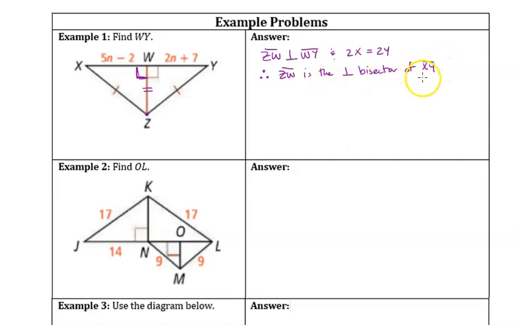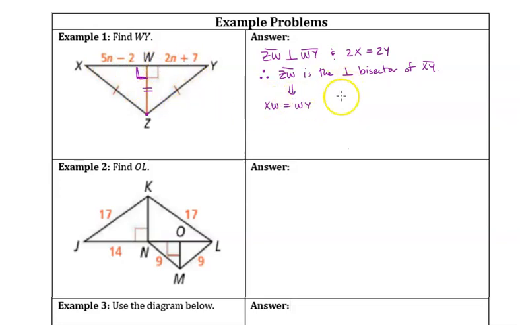And if it's the perpendicular bisector of segment XY, that would imply that from X to W is the same distance as W to Y. All right? Of course, we could also have just looked at the fact that these triangles are congruent, and that means these parts are congruent.